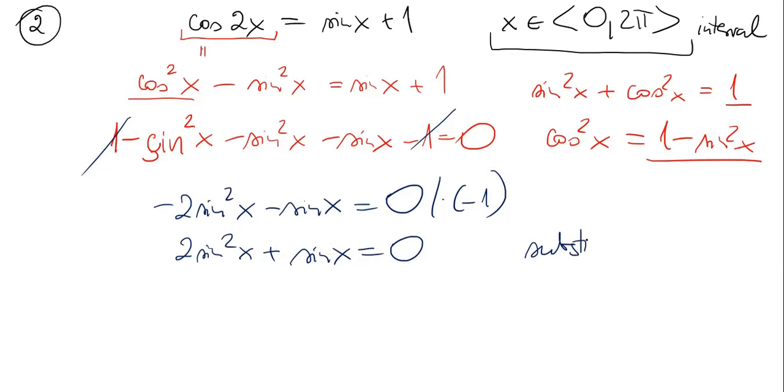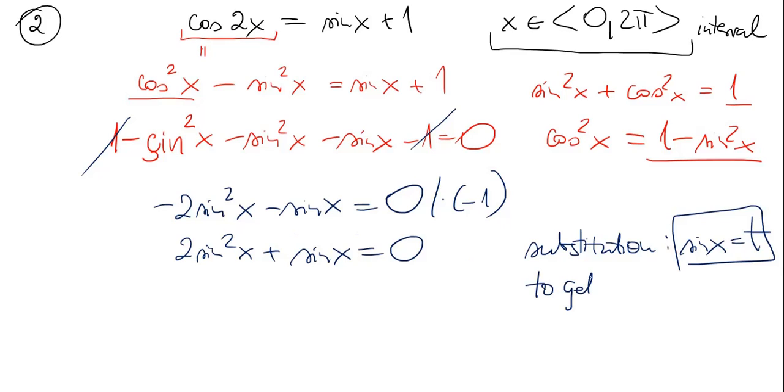As I said, we could use a substitution here, but just take a good look at this equation, because it's even simpler than I thought, and we don't need the substitution. We could do it, right?